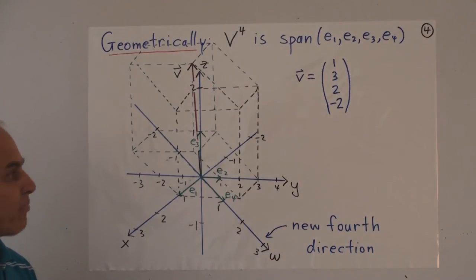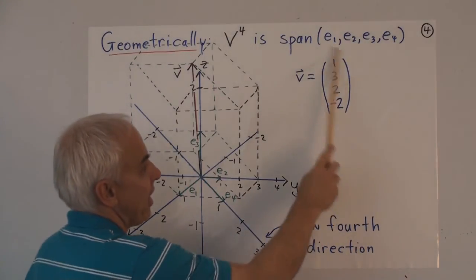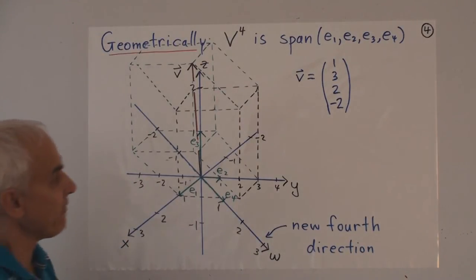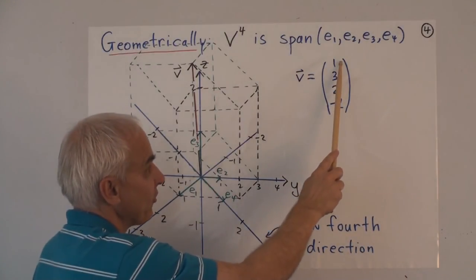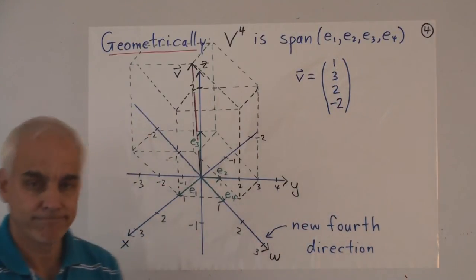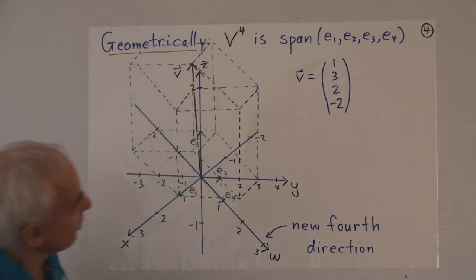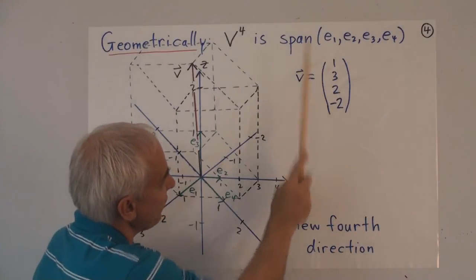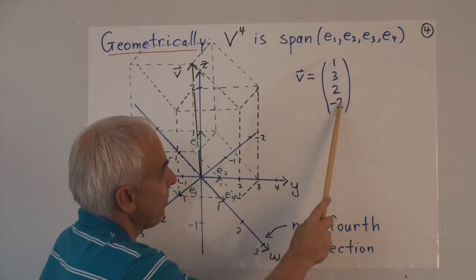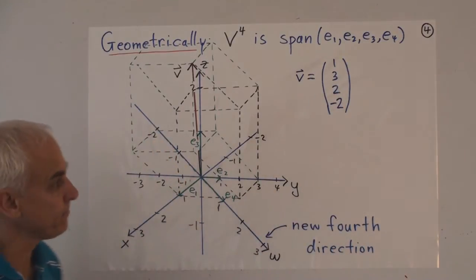Okay, so how are we going to represent or picture a general vector in this framework? Let's say the vector v consisting of the components 1, 3, 2, and minus 2. Well, what this really means is 1 times E1 plus 3 times E2 plus 2 times E3 plus minus 2 times E4.